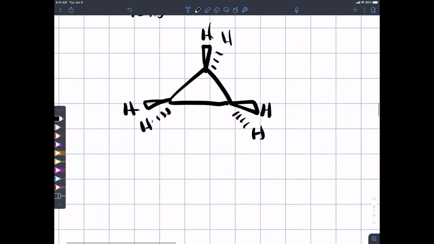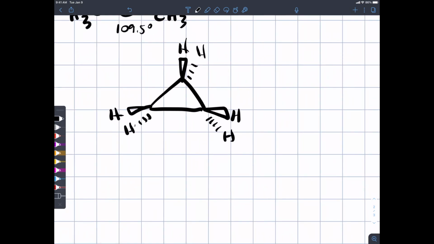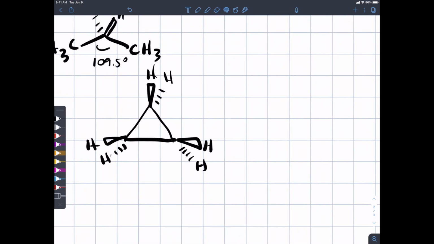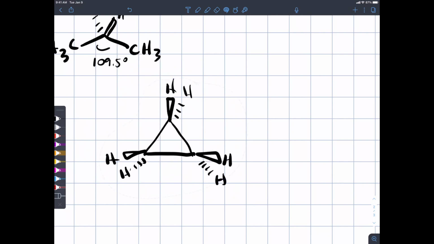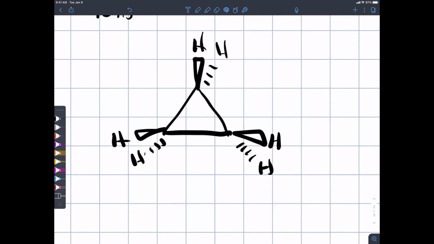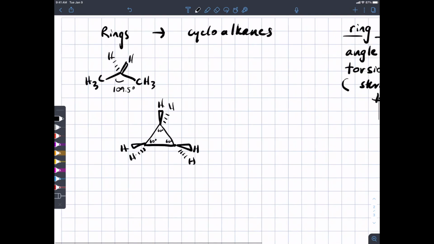In a triangle, and I haven't drawn this nicely enough, it should be an equilateral triangle. It has to be, because the three carbons are all equivalent. In an equilateral triangle, what do the angles have to be? 60. There's a formula for that. I don't remember what it is. You could tell me, but I will forget it, so don't bother.